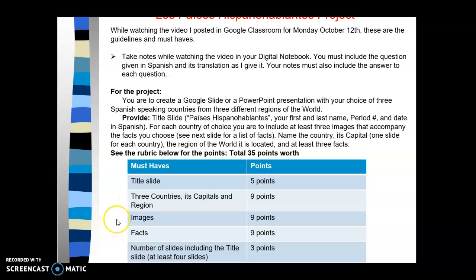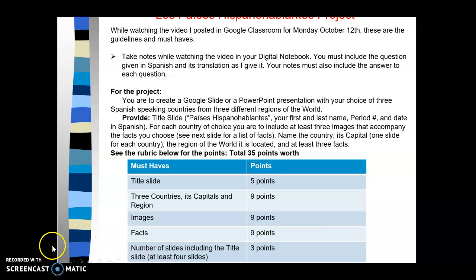You have to have at least 9 images total for 9 points. You must have facts, a total of 9 facts, 3 for each country. And the number of slides, including the title slide, so at least a 4-slide presentation, for an additional 3 points. This assignment is worth 35 points.